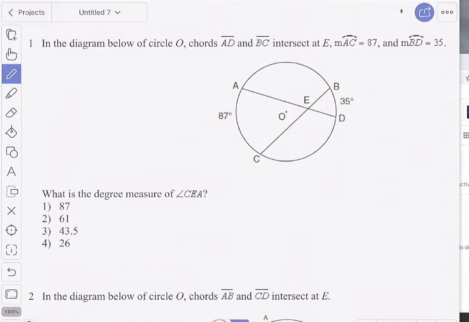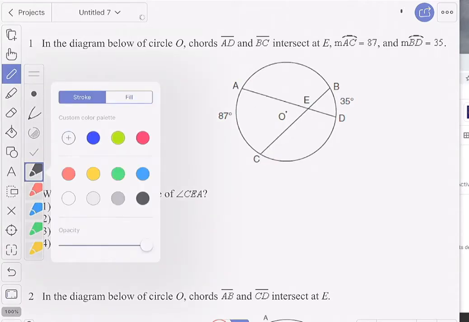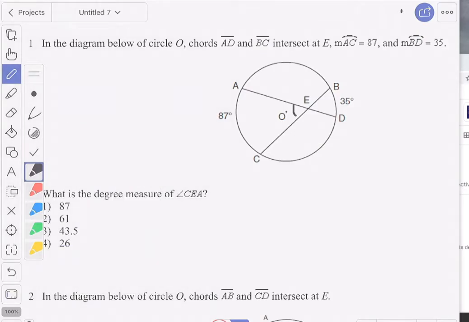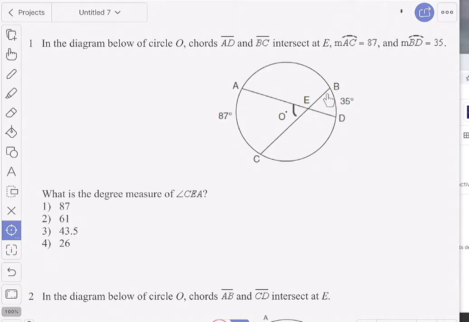Looking at question number 1, they're telling us that the measure of arc AC is 87 degrees, and the measure of arc BD is 35 degrees. And in the question, we're looking for the measurement of angle CEA. So C to E to A is the angle that we're after. And again, that's an interior angle formed by 2 chords intersecting.